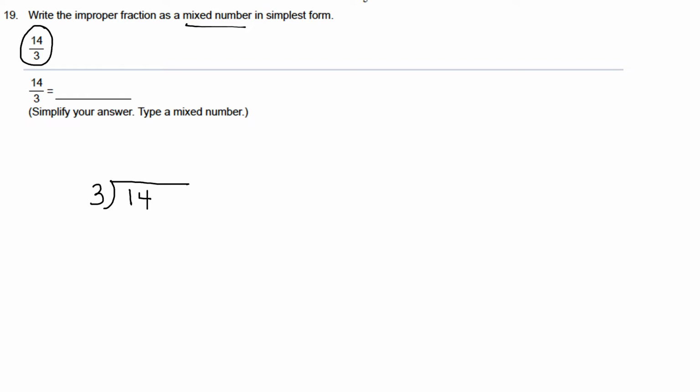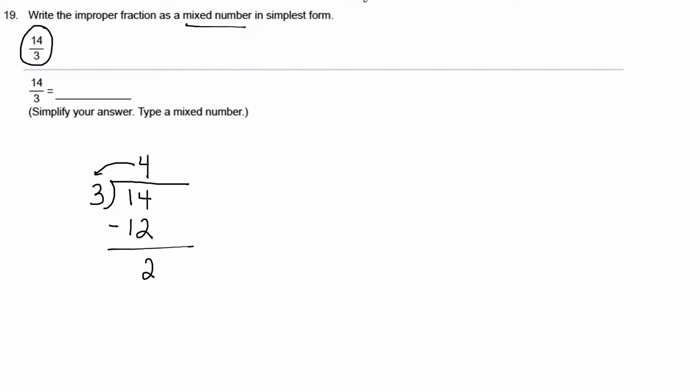Now, how many times does 3 go into 14? Well, I know that 3 times 4 is 12, so it goes into 14 4 times. Next, we'll multiply the 4 times the 3 to get the 12, and then we'll subtract. So 14 minus 12 is 2.